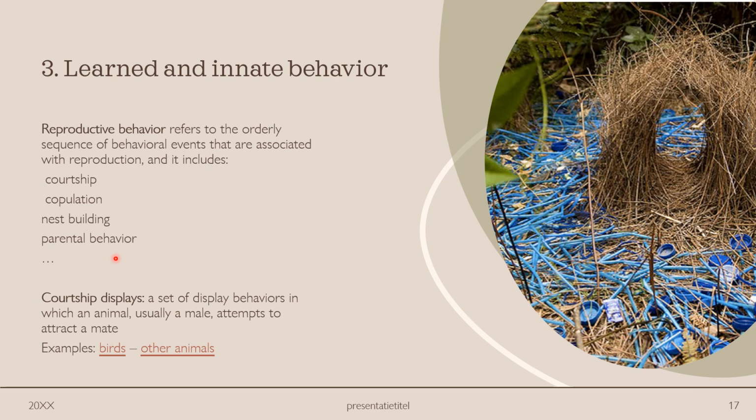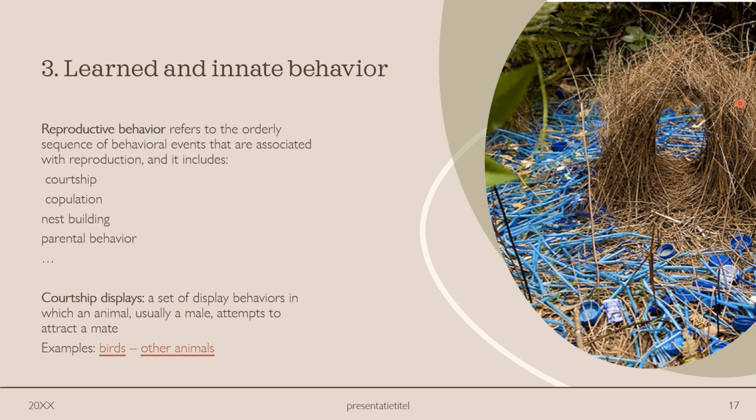So I told you courtship behavior or courtship displays. I want to go further on that. It's a set of display behavior in which an animal, usually the male, like the nest building here, attempts to attract a female.